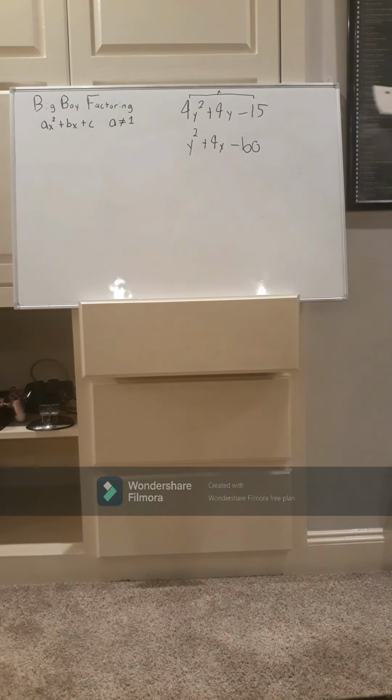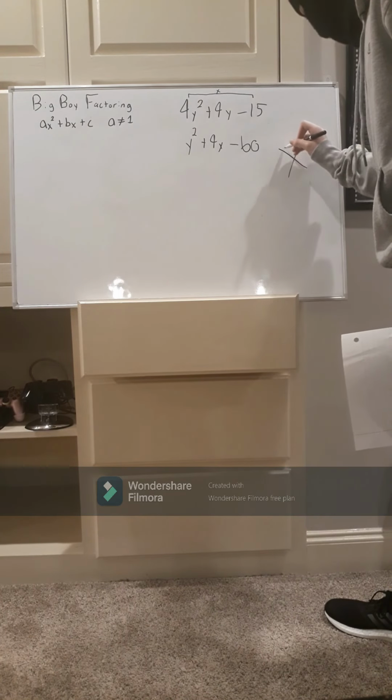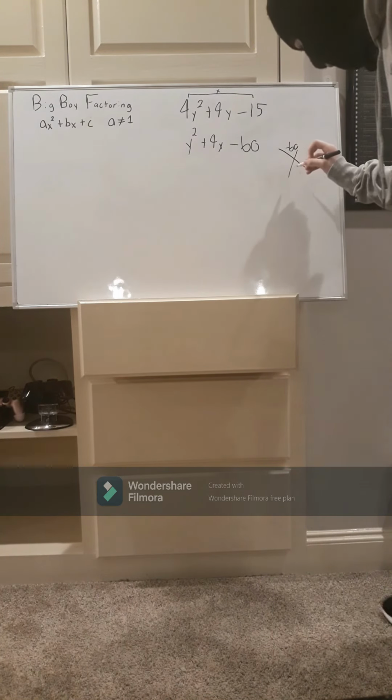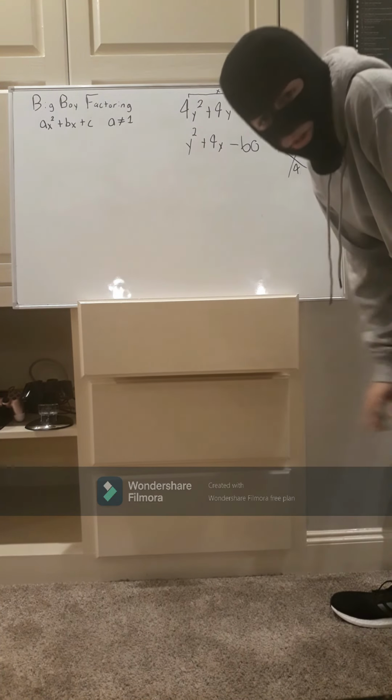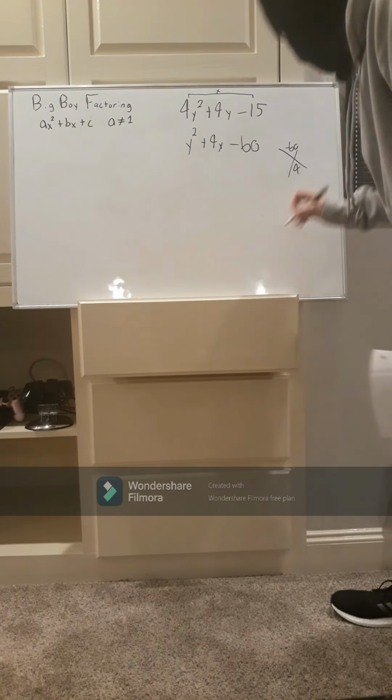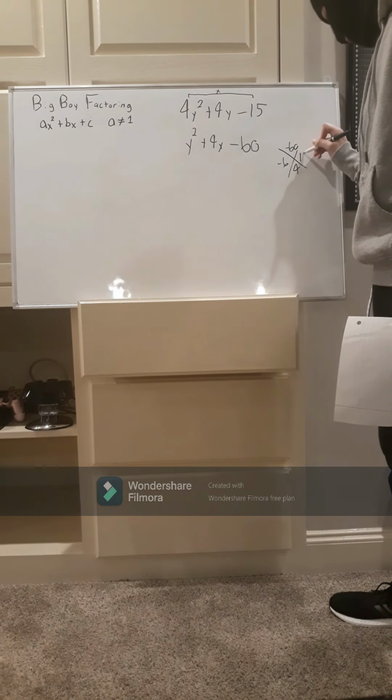Now, what you want to do is find what multiplies to get negative 60 and what adds to get positive 4. So negative 6 and 10, they multiply together to get negative 60, and if you add them together, they get positive 4.